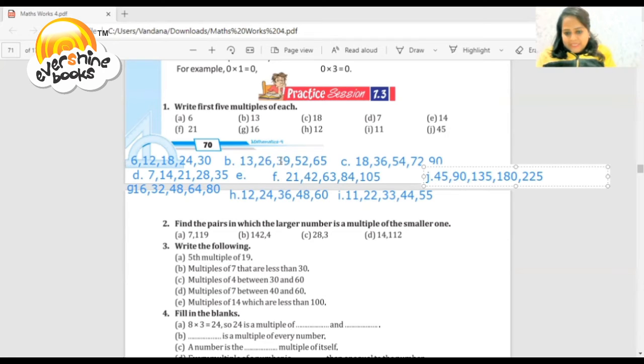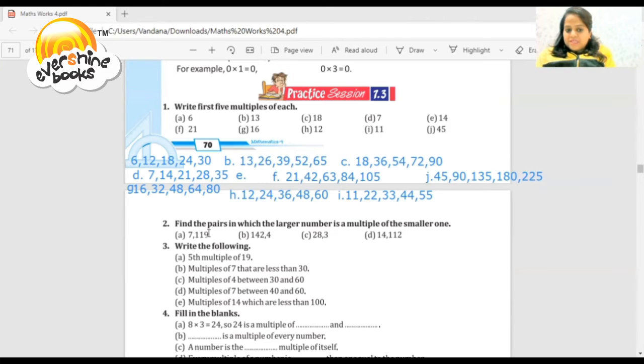Okay, got it? Now, read question number 2. Find the pairs in which the larger number is a multiple of the smaller one. It means you have to check first whether this number is fully divisible by 7. 119 is your dividend and 7 is your divisor.